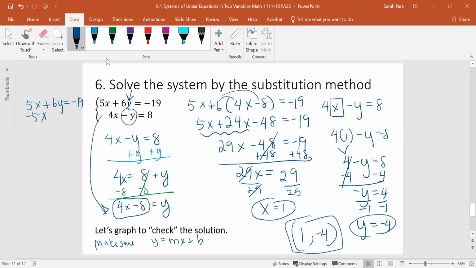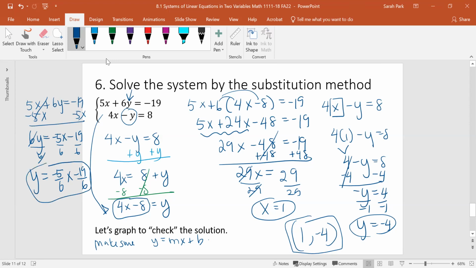We'll subtract the 5x over and get 6y is equal to negative 5x minus 19 and divide everything by 6. Now y is equal to negative 5 over 6 x minus 19 over 6. It doesn't simplify nicely, but it's okay, you can still get it into y equals mx plus b form with fractions, and here's a second one. So what we need to do is graph both of those and see if it intersects at 1, negative 4.